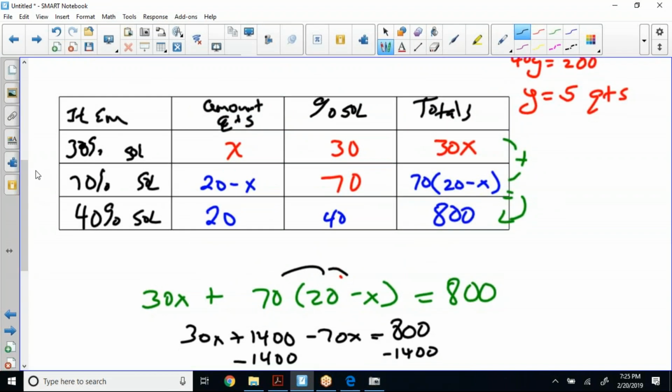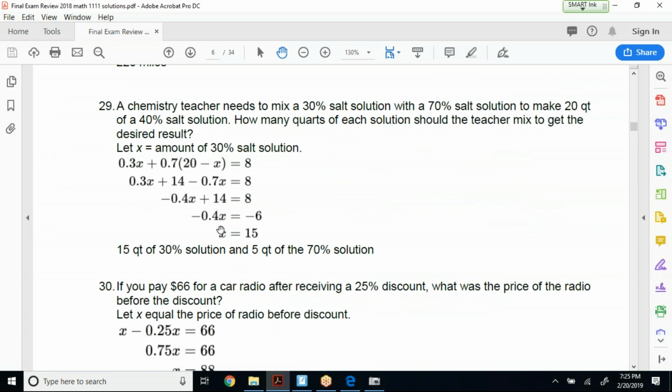And that's what we got up there, right? Let me go back to here. Yeah, that got 15. We're still the same. So either way, you're going to be okay on that.